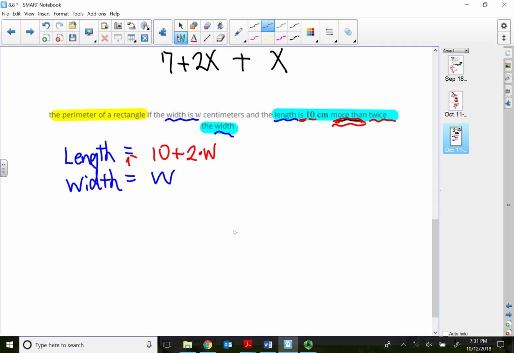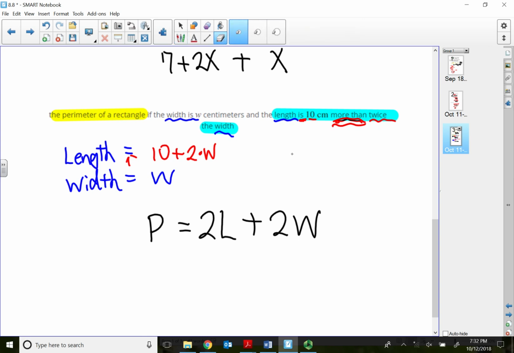So when I write my answer out, it needs to represent the perimeter of a rectangle. If you think back on module 6, the perimeter of a rectangle is 2L plus 2W. This problem never told me what the perimeter is, so my expression just needs to be 2L plus 2W, the other side of the perimeter.